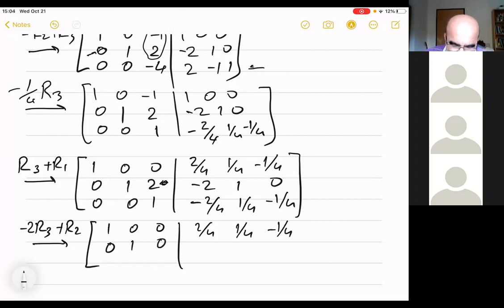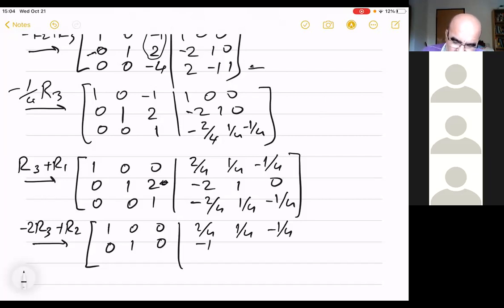That was our purpose. And if you multiply the last row by minus 2, and add it to 2, what do we get? Minus 1, right? So this is plus 1, minus 2 is minus 1. Is it correct? I guess it is.